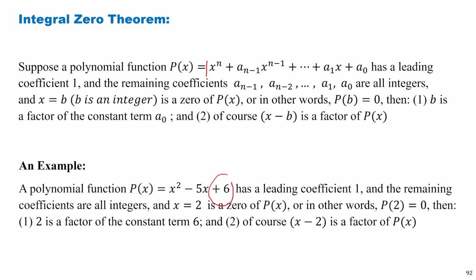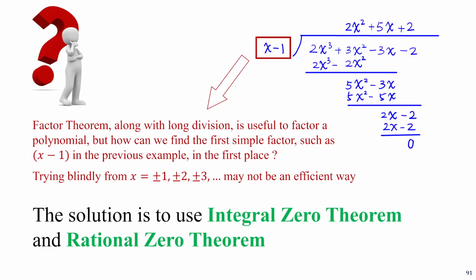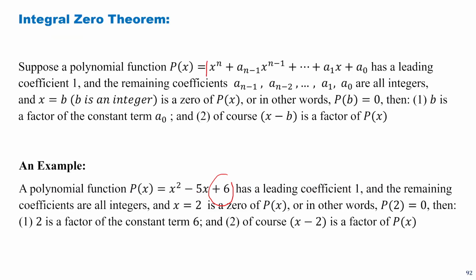And of course, x minus 2 is a factor of p(x). So this provides a way to check the numbers that could possibly make p(x) equal 0 in the first place. This theorem tells us you should test these numbers, which are the factors of plus or minus 6.